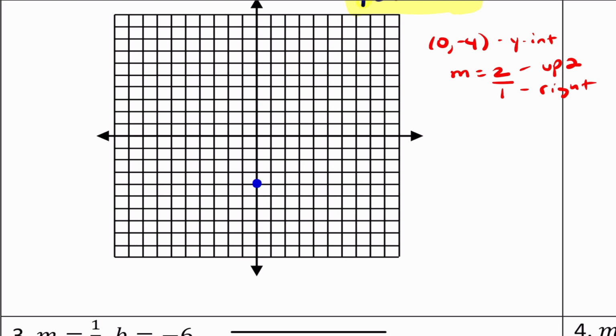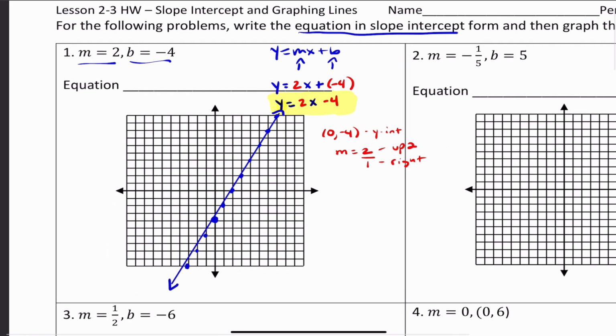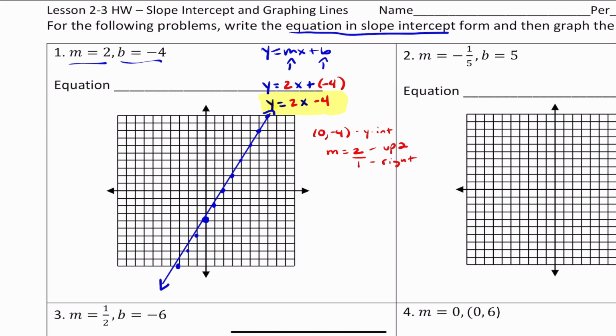So up 2, right 1, and repeat. Then go back to that original point. You're going to go down 2 and left 1, and then connect the dots, and that's your line. Okay.